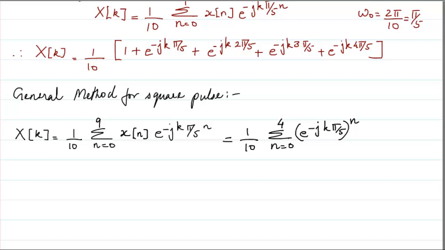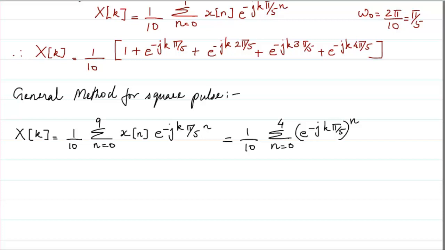You have a raised to power n into m, which can also be written as a raised to power n, the whole raised to power m. You can write like that, it does not matter. So that is the same thing that we have used here.